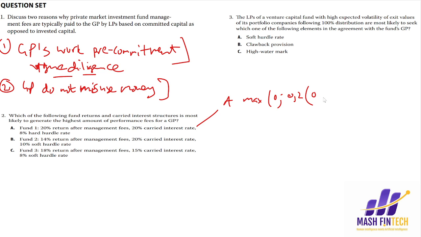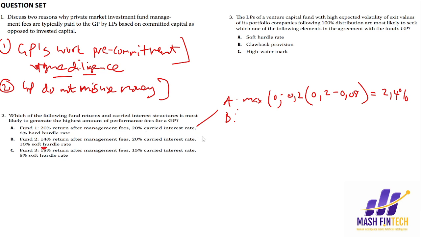Okay, you have a carried interest of 20%, the hurdle rate of 0.08. If you calculate this, you're going to get an amount of 2.4%. Then for B, the soft hurdle rate, this one is easier.